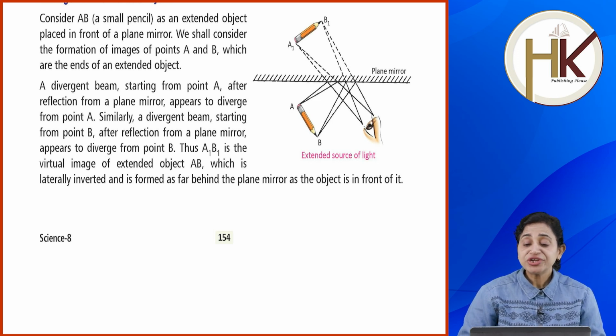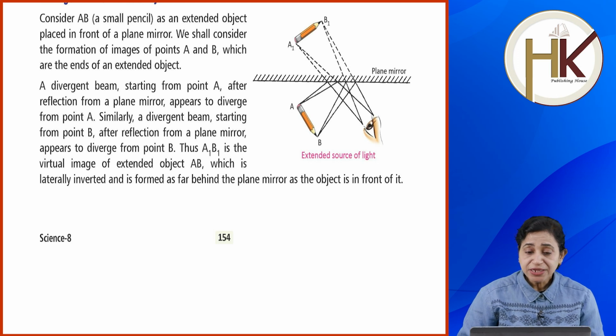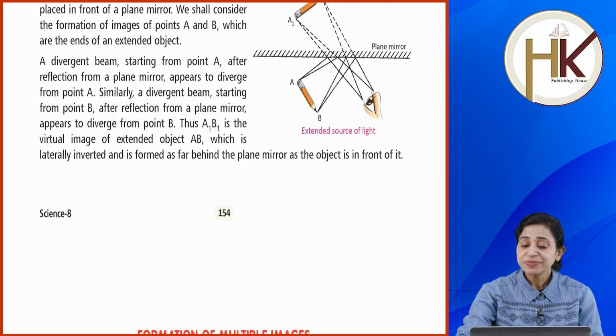Similarly, a divergent beam starting from point B after reflection from a plane mirror appears to diverge from point B1. Thus, A1B1 is the virtual image of extended object AB, which is laterally inverted and is formed as far behind the plane mirror as the object is in front of it.